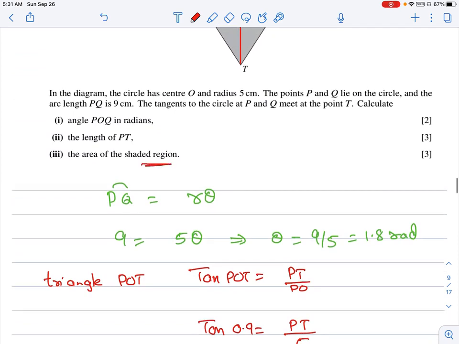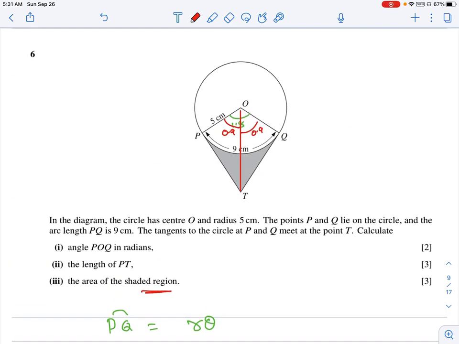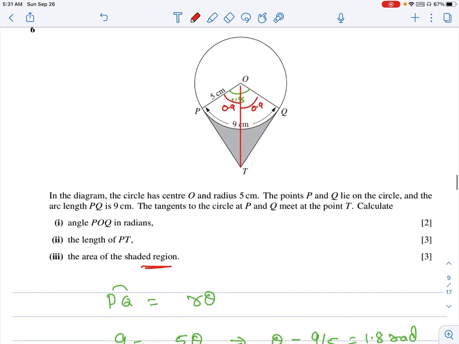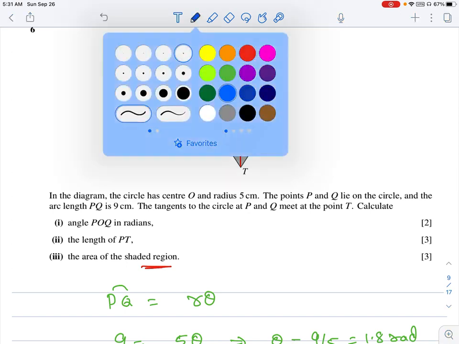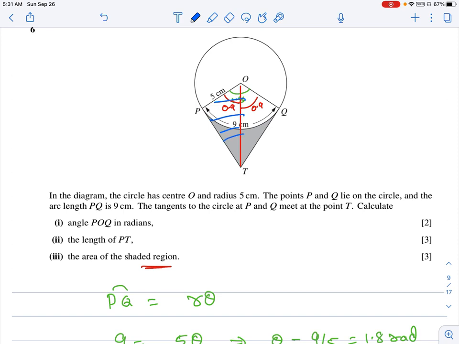Next, find the area of the shaded region. So how should I find the area of the shaded region? I take the two triangles, add up their area, and subtract the area of the sector.